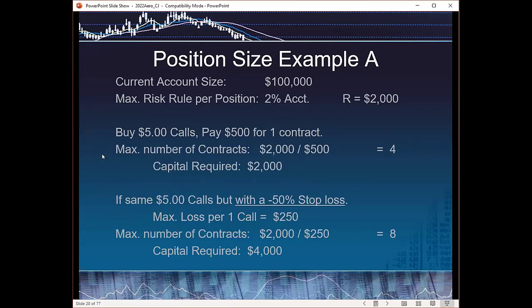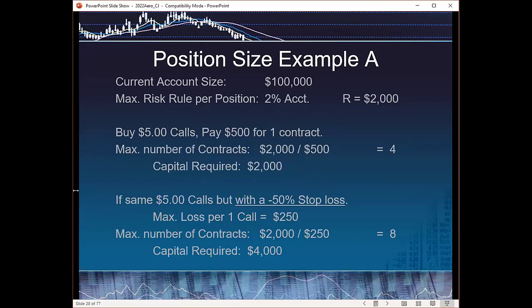So let's use a trade example. Let's say I want to buy some calls and they're trading at $5. Well, for one contract, I need to pay $500 because a contract represents 100 shares. And then how many contracts can I trade of those calls? Well, if I take my $2,000 R and divide it by $500 for one contract, I can trade 4 contracts. Then the capital required to put on that trade is $2,000.